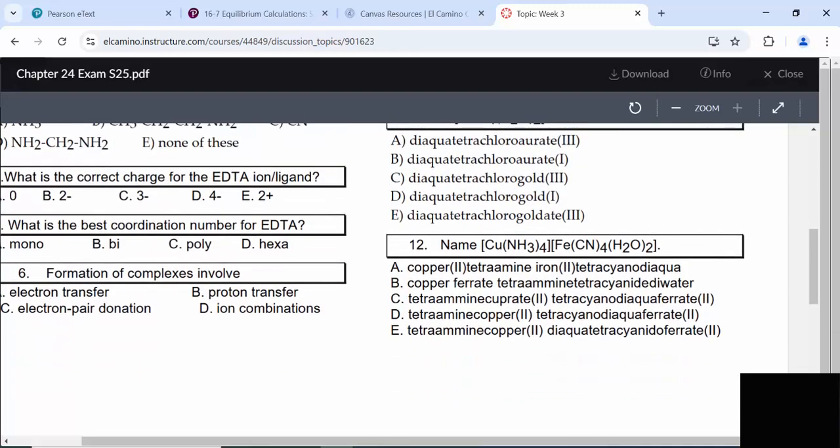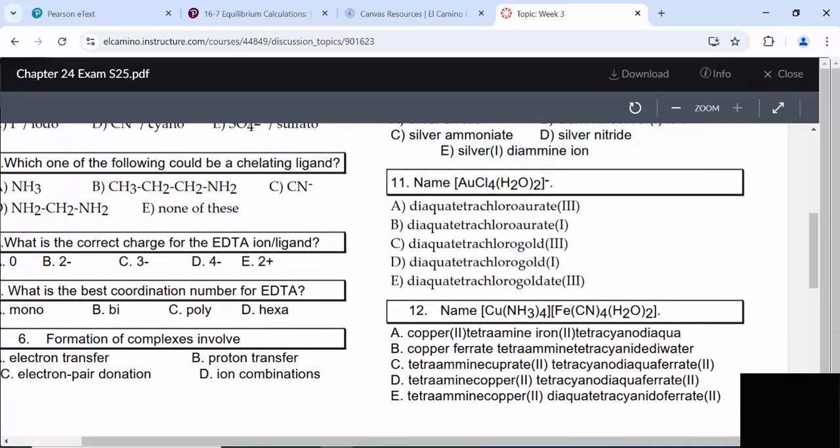Number 12. What did you pick? E. Yeah. Well, the first thing is the metal is at the end, so the ligands come first. So that's C, D, E. And it's a cation. Cations are written first, so we can eliminate C because that would only be for an anion, cuprate.